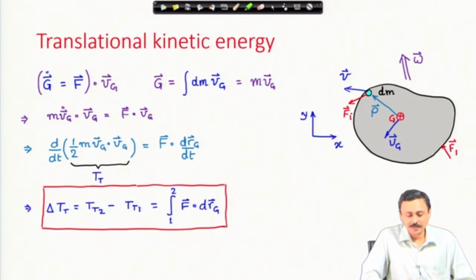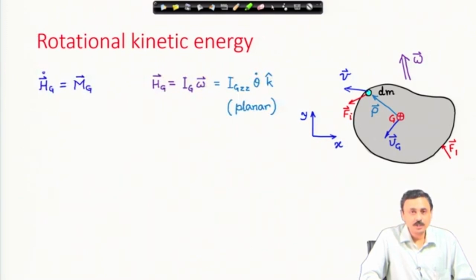Therefore, I can integrate and write that the change in the translational kinetic energy is equal to the work done by all forces at the center of mass. The F dot dr_G is the work done by all forces, and that I integrate as the system moves from state 1 to state 2. So, that changes the translational kinetic energy of the system.